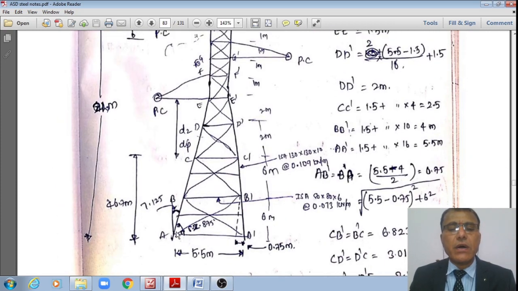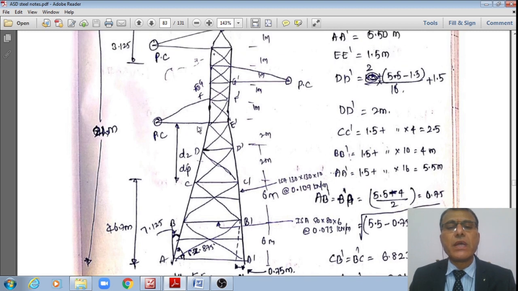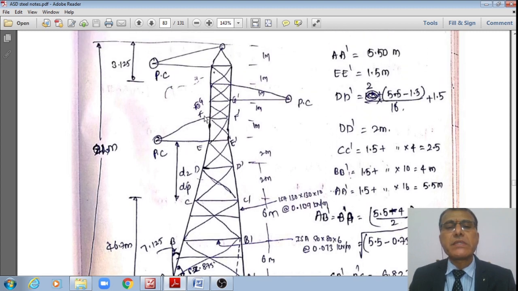Therefore, the horizontal force at B multiplied by its height 6 meter, the lateral force at C multiplied by 12 meter, lateral force at D multiplied by 14 meter, lateral force at E multiplied by 14 meters, lateral force at F multiplied by 15 meters, lateral force at G multiplied by 16 meters, and lateral force at F multiplied by 17 meter, lateral force at H multiplied by 18 meters.